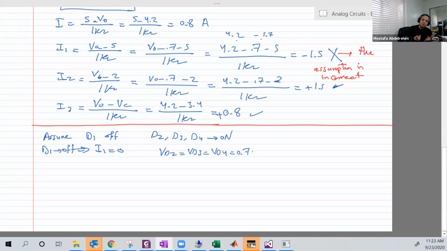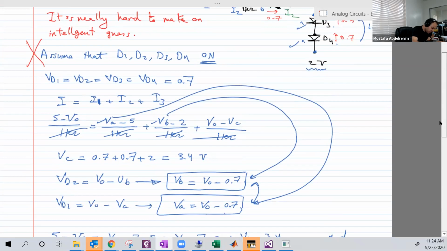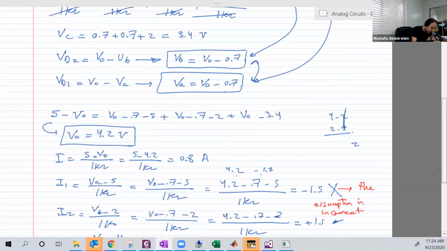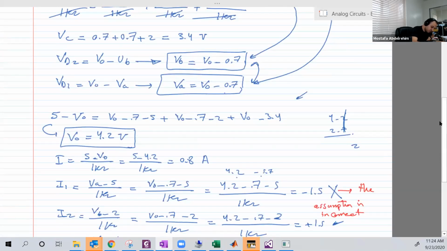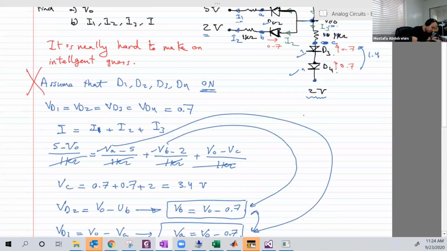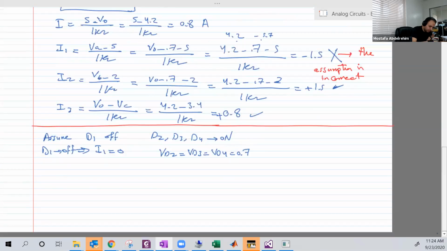The analysis will be simpler now because one of them has 0 current. So this very long equation here will be reduced a lot, because one of the unknowns is now known, which is the current.